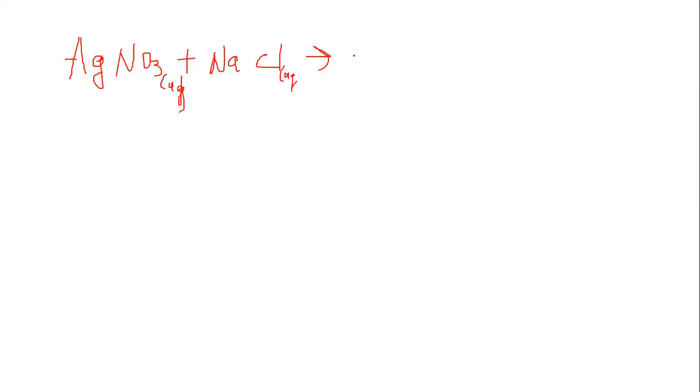The reaction here is going to give AgCl, a solid, plus NaNO3, aqueous. So here we have the molecular equation: AgNO3 plus NaCl is AgCl plus NaNO3. That's the molecular equation. Can you remember what the ionic equation is here?